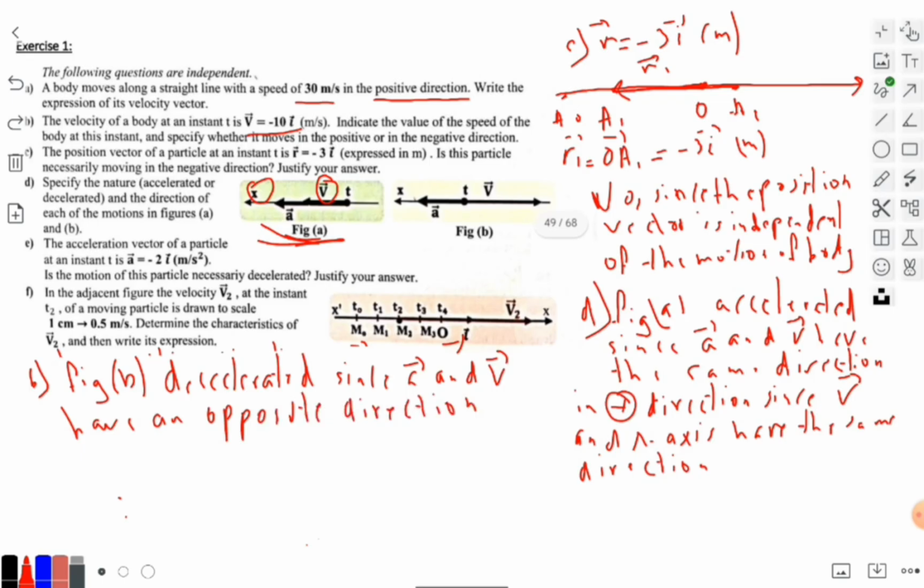In this case, we must compare the direction of the v vector and the x-axis. The v vector is to the right and the x-axis to the left.